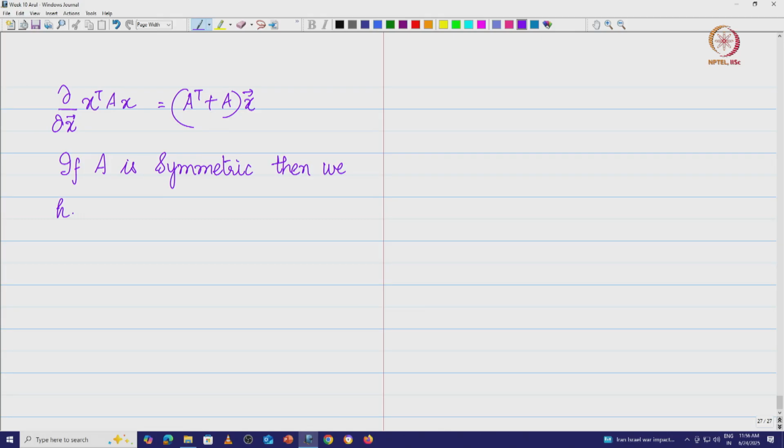We have also studied the derivative of dou by dou x vector of x transpose A x, which we said is going to be A transpose plus A into the vector x, and if A is symmetric, then the derivative of x transpose A x with respect to the x vector is nothing but 2 A x vector.